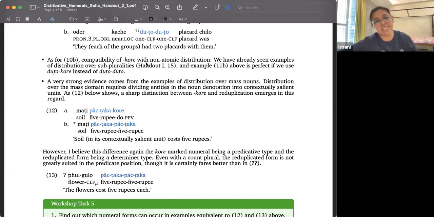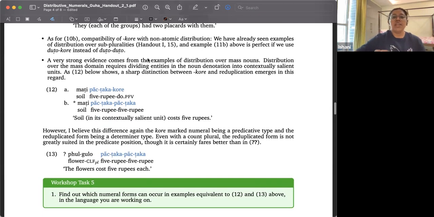So there are various kinds of conceptualizations of the structure and denotation of mass nouns. Suppose mass nouns contain both atoms and non-atoms, and then what do you mean by Mati 5 taka kore?